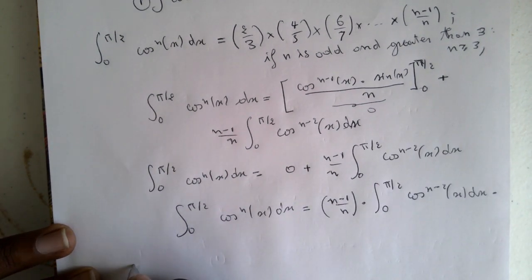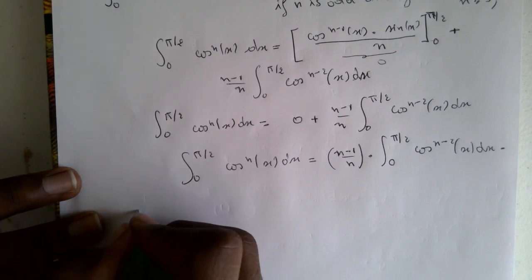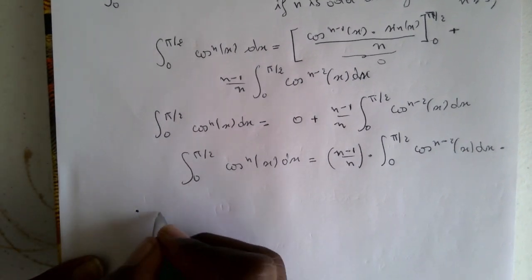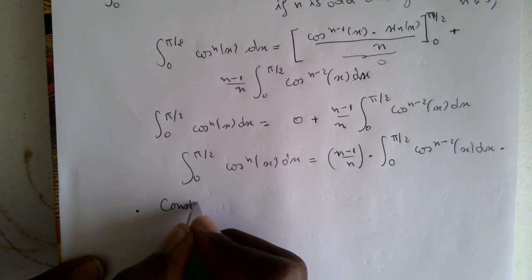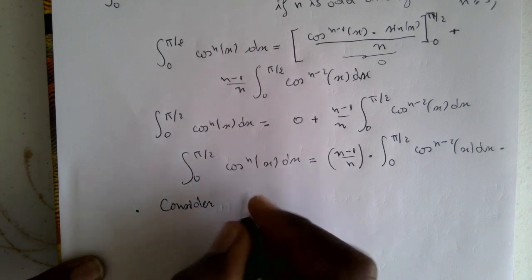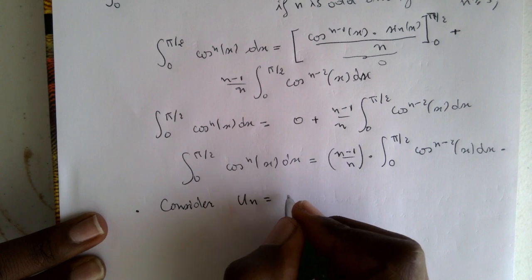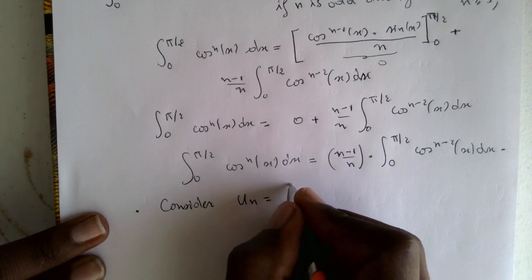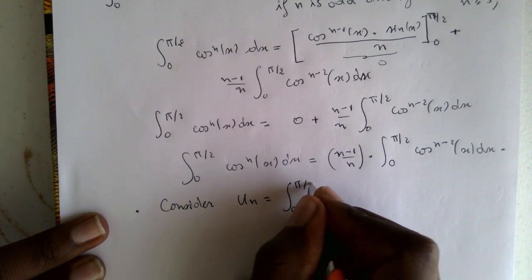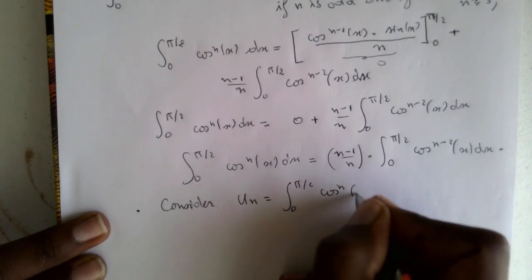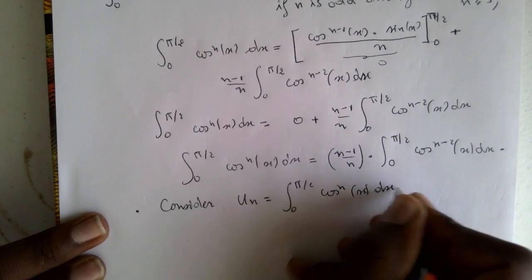From here, we're going to define a sequence u_n equals the integral from 0 to pi over 2 of cos to the power n of x dx.